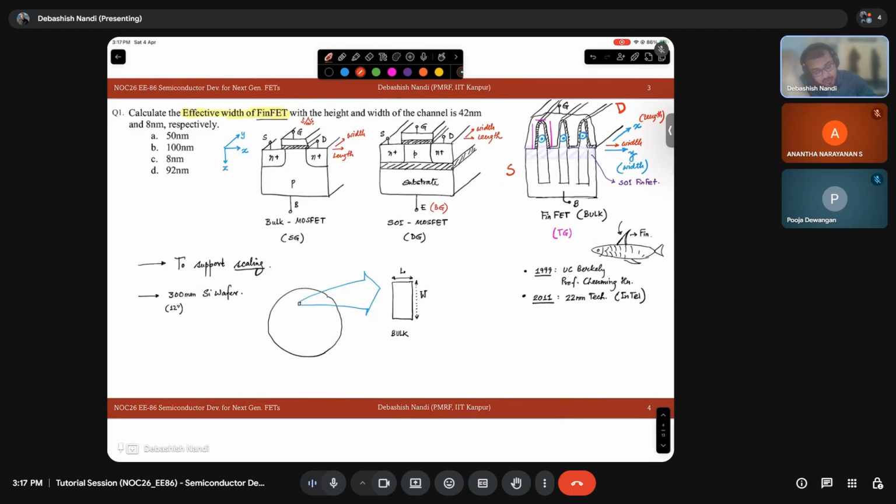In the top view, you will see only a rectangle, which matters to us, the channel region. This is the projection of this gate. So this is your W, and this is your length, channel length.